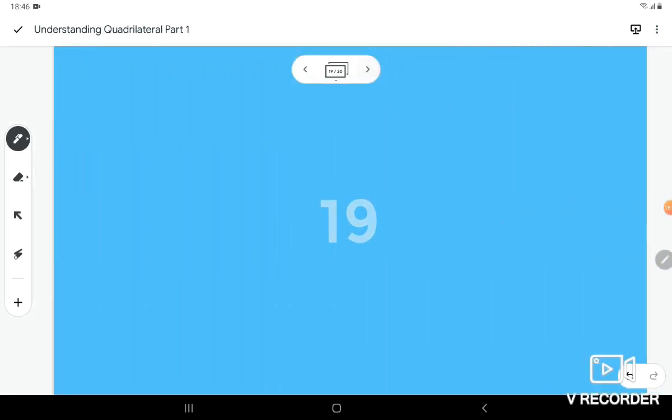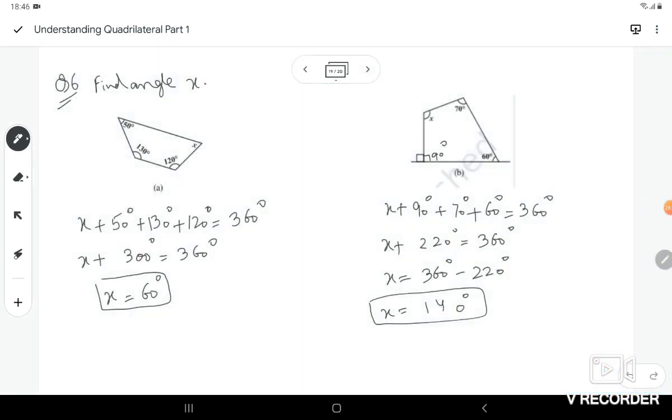Now moving on to the next question, that is question number 6 of exercise 3.1. We have to find the value of angle x in each of the figures. So we can see from the figure that angle x is also an interior angle, and the sum of the interior angles of any quadrilateral is nothing but 360 degrees. How do we know?